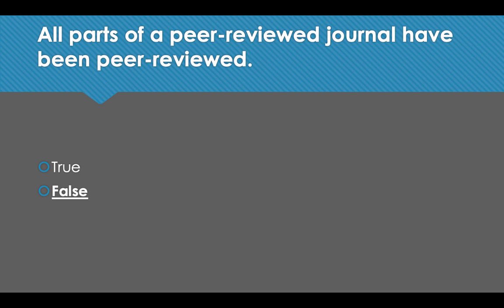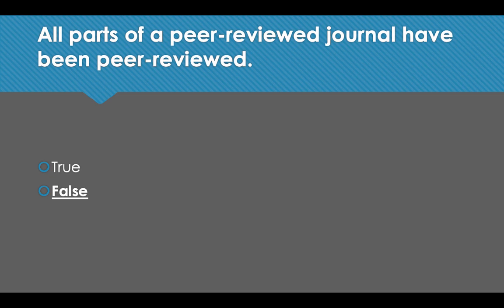But there are items within a peer-reviewed journal that have not been peer-reviewed. So, for example, you have the option of responding to a prior article. Sometimes the editor will write an editorial about a particular topic. Sometimes there are just informational articles in a journal that haven't gone through the double-blinded peer review process.